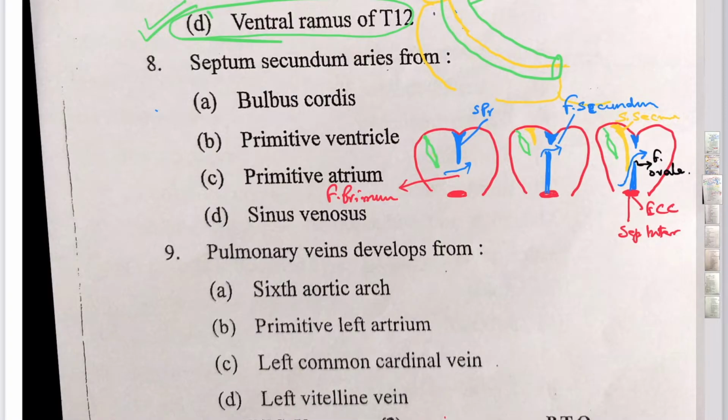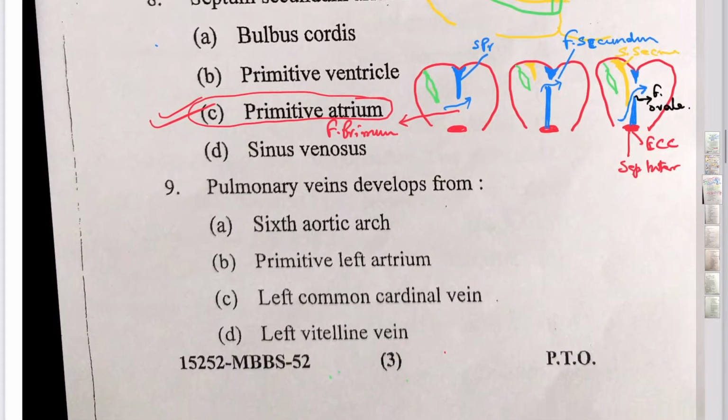There's a closure of this foramen ovale, and what will be left is a shallow depression, called fossa ovalis. And the sharp crescentic border of this septum secundum, which forms the lower margin of this foramen ovale, is called annulus ovalis. So remember that septum secundum arises from the primitive atrium.